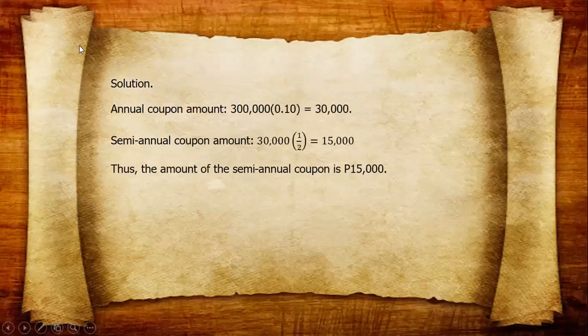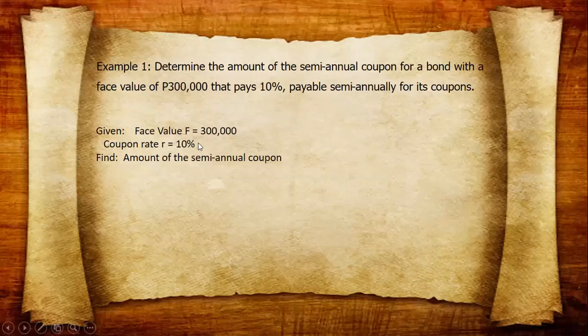The first thing to do is, to get the semi-annual coupon, we first find the annual coupon. To find the annual coupon, we multiply the face value by the percentage. So our face value is 300,000 times the percentage, which is 10%.